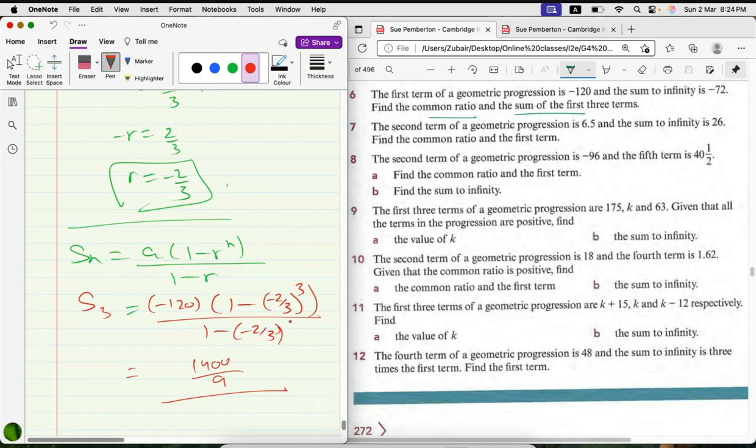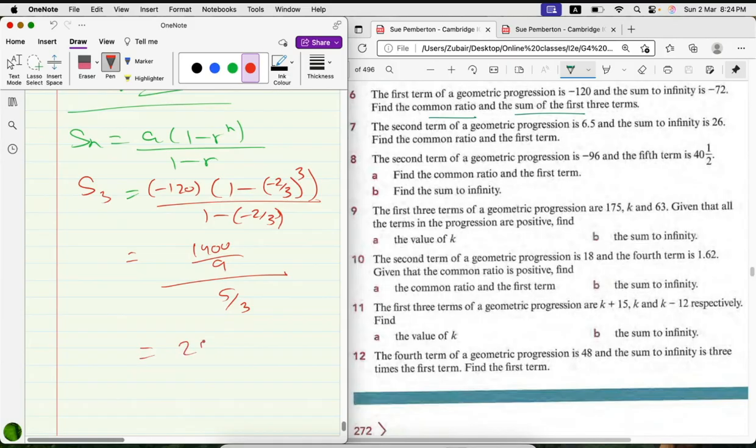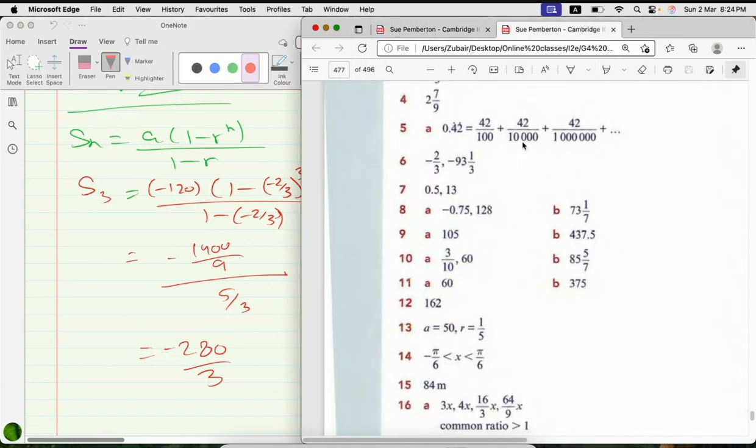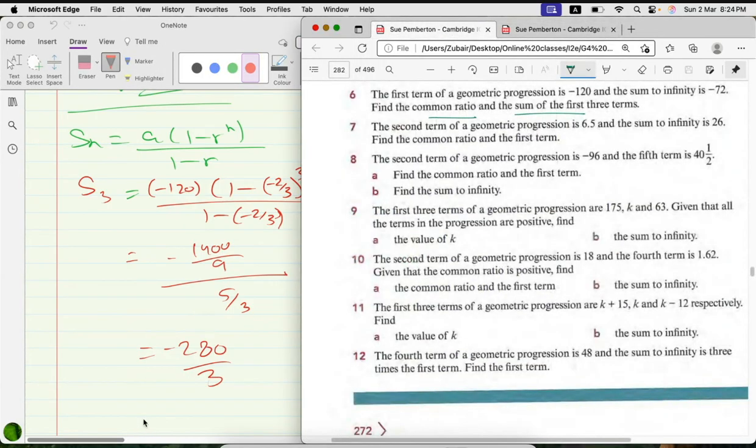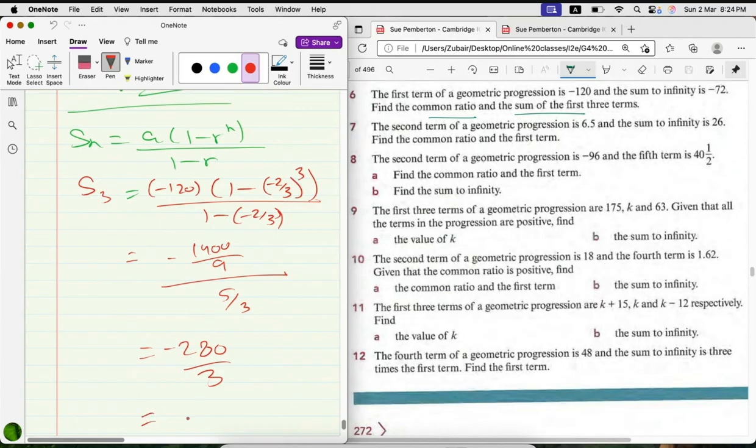Meanwhile the denominator is 1 plus 2 by 3, which is 5 by 3. 1400 by 9 divided by 5 by 3 is 280 by 3, which is 93 whole, 93 into 3 is 279, and 1 by 3.